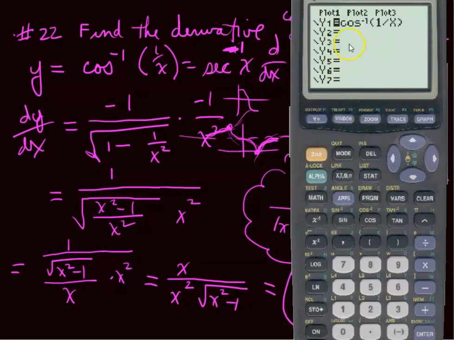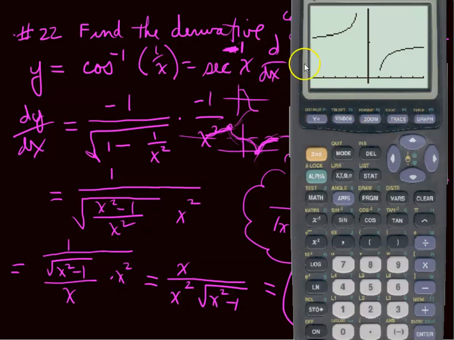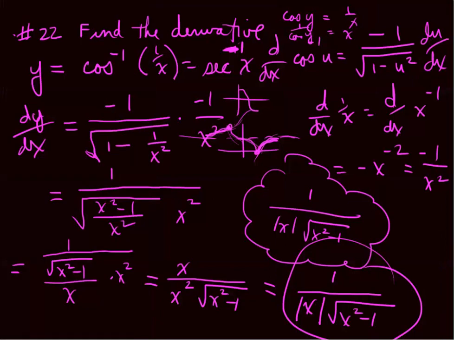I had to make the window a little bit nicer, but it's sort of neat that you can do that and help yourself out. Convince yourself, why does this have to be absolute value? Because it's always a positive slope. When you find the derivative, you're talking about slope.